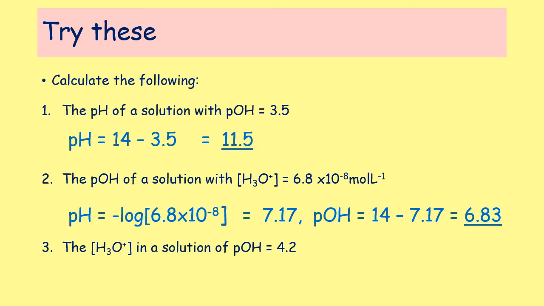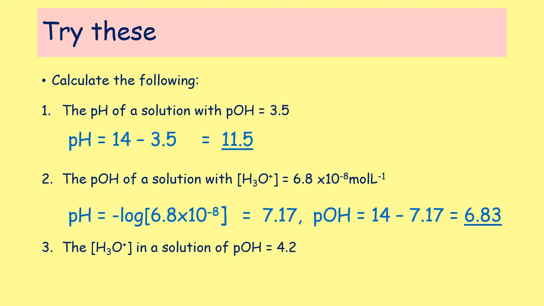And what I did was work out the pH and then use pH plus pOH equals 14. So the pH is going to be minus the log of 6.8 times 10 to the minus 8, which I worked out to be 7.17. And then pOH is going to be 14 minus that value, which was 6.83.